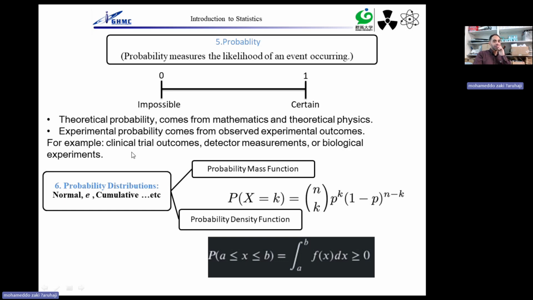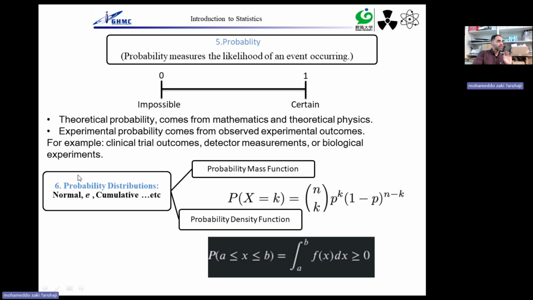We have to find out our probability distribution. And in this, there are many different types of probability distribution: normal probability distribution, cumulative probability distribution, exponential probability distribution. But mostly we do normal probability distribution.